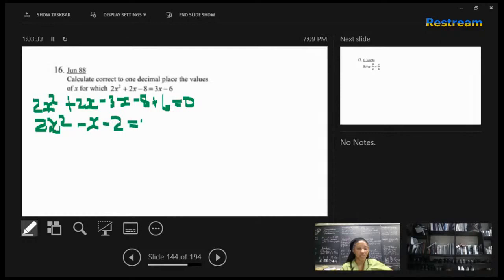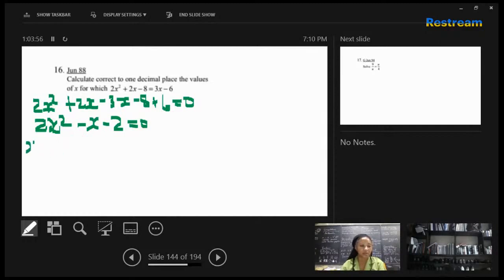So now you check if it can be factorized. 2 times negative 2 is negative 4. There are no factors of negative 4 that add to give negative 1. So we're going to use the quadratic formula.